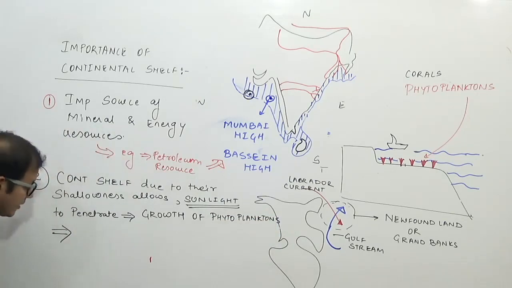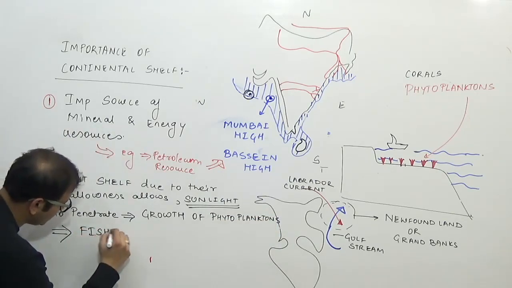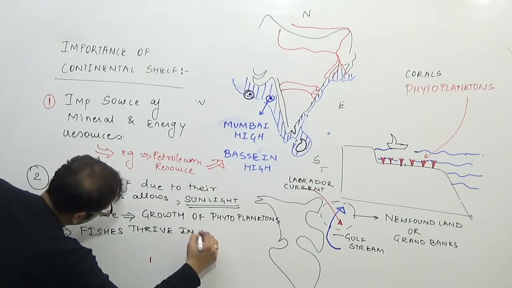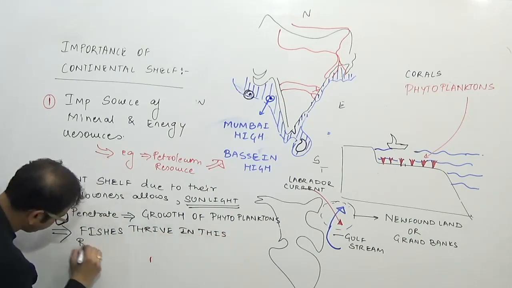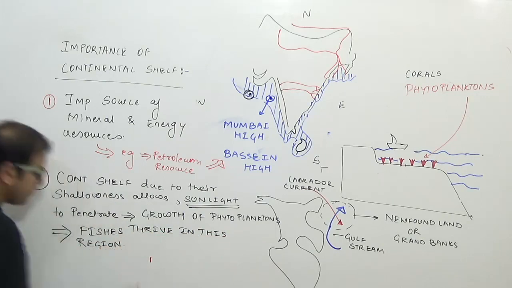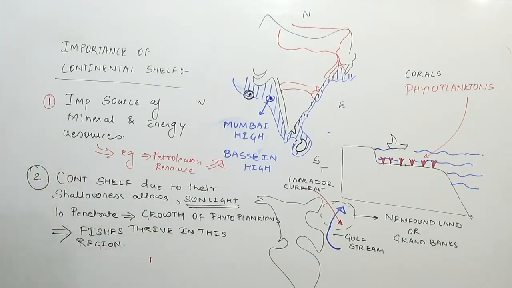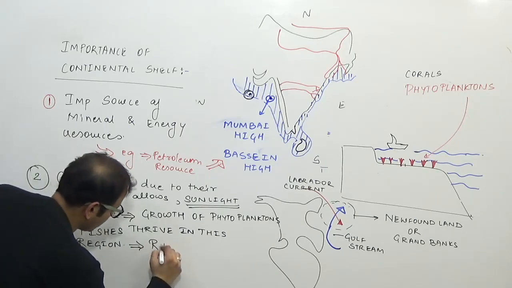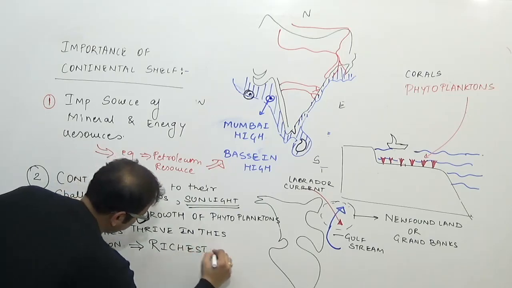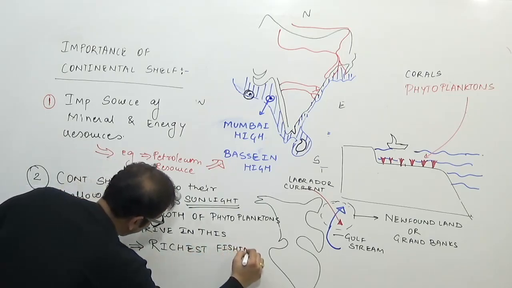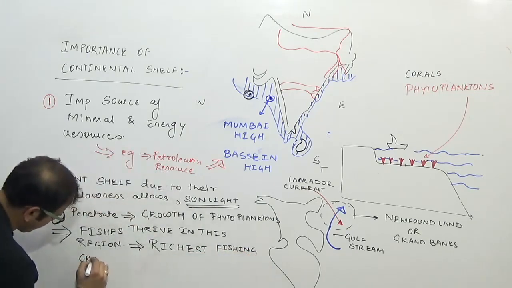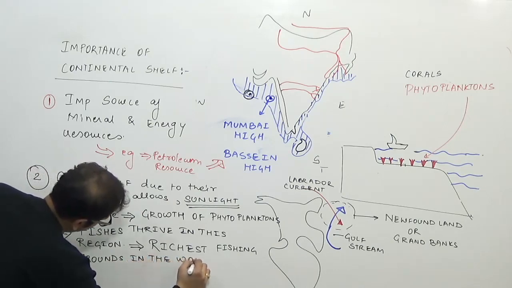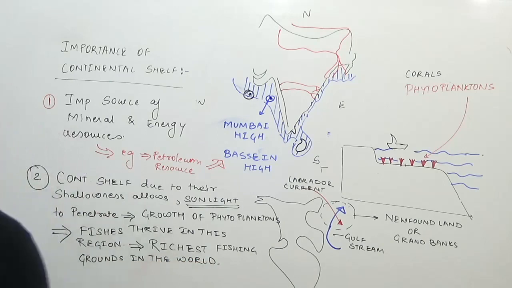What happens when the phytoplanktons grow? Fishes thrive in this region, and therefore these are the largest fishing grounds in the world. These are the richest fishing grounds in the world.